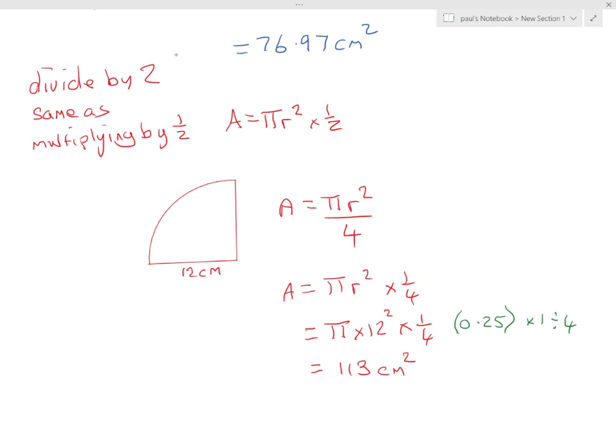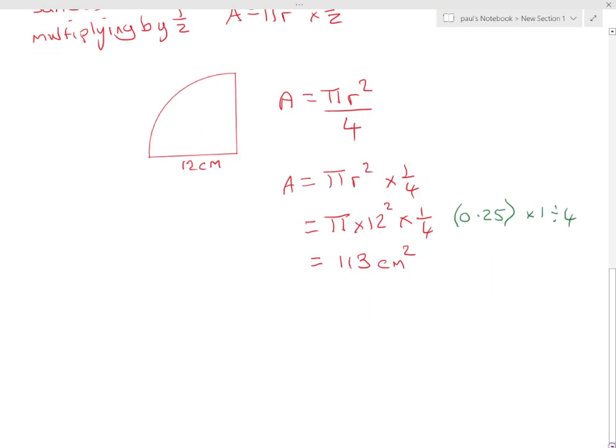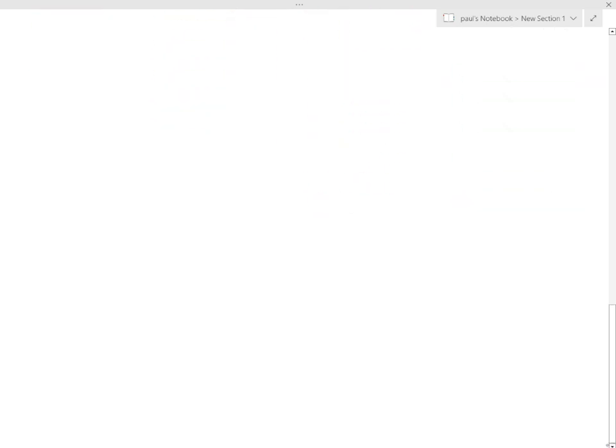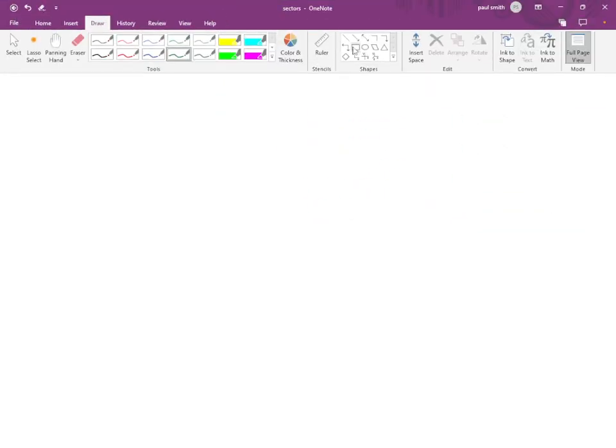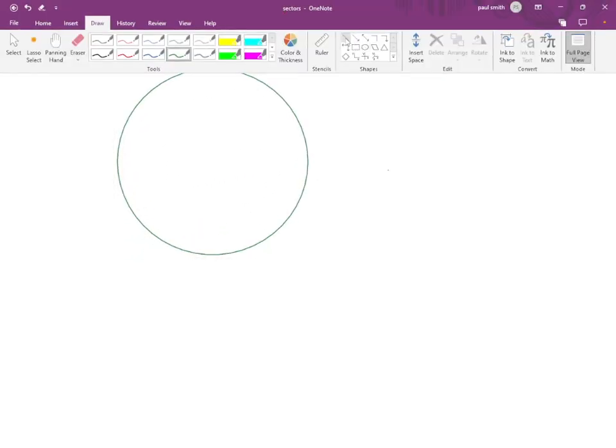Now these are all right for halves and quarters, but a sector is neither of those. Although this is a sector, this is an easy sector to be doing with. It's a nice fraction of the whole circle. Now, for a sector, we got something like this.